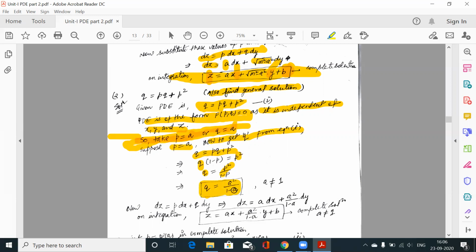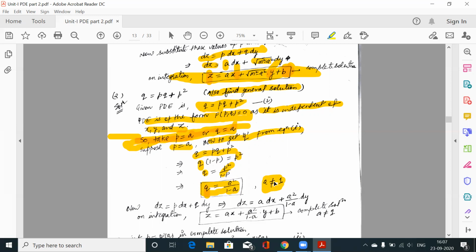So now we have got the value of q and p, and I have written that a is not equal to 1, because if a is equal to 1, then this denominator is 0, so the q value will be infinite, which is not a valid term and cannot be integrated. So whenever this arbitrary constant a is not equal to 1, we have the complete solution. If a is 1, then this process fails.